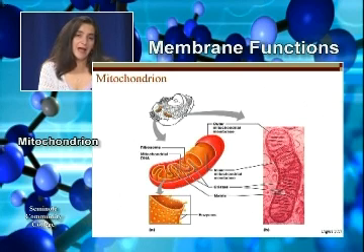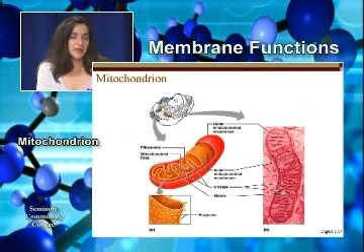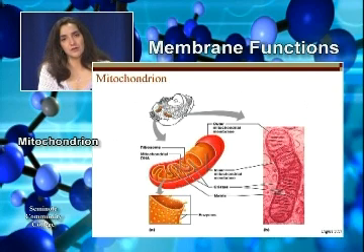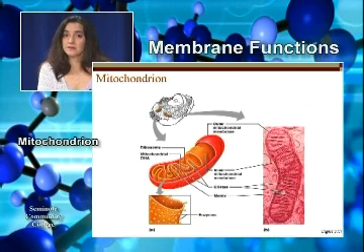Because mitochondria have their own DNA, they also contain their own ribosomes. Remember, ribosomes are the key component to protein synthesis. These proteins are the enzymes that will help allow for cellular respiration to occur. These proteins are a necessity for life to exist.